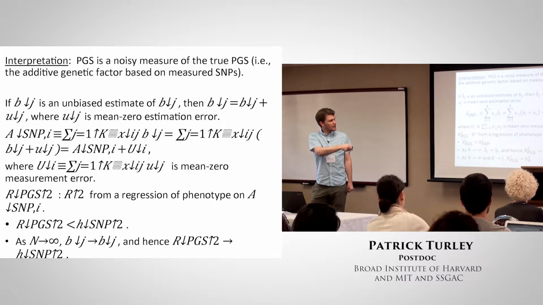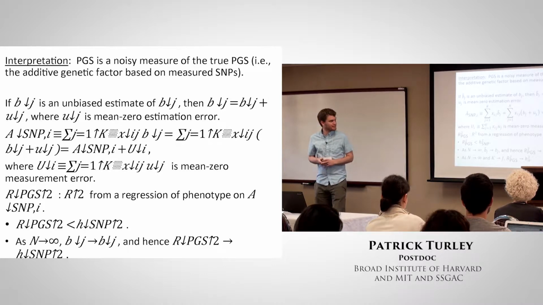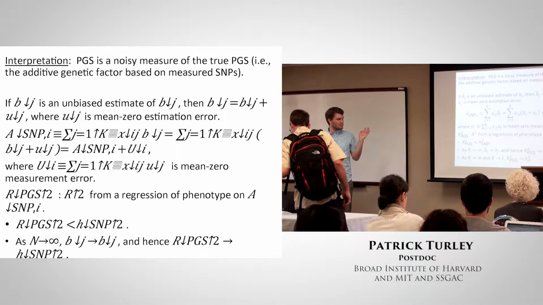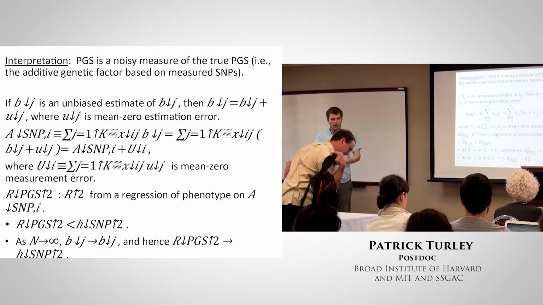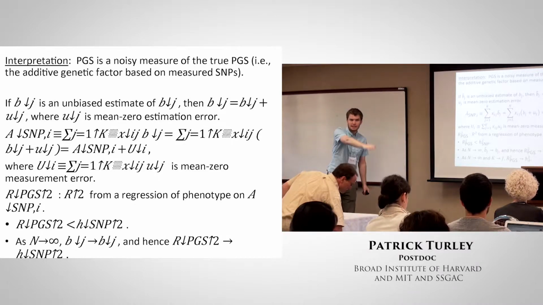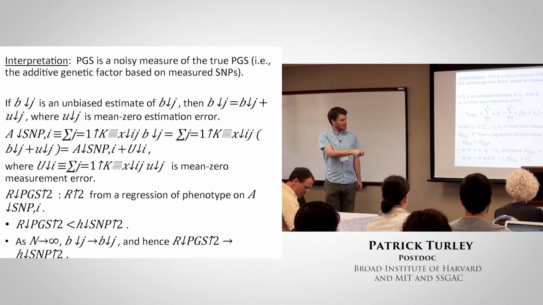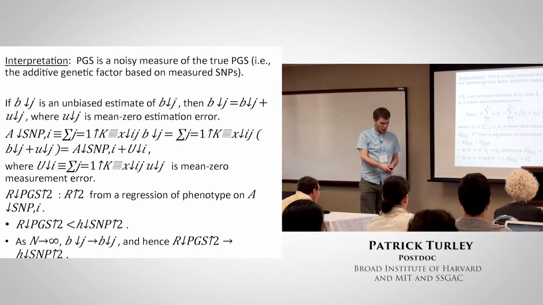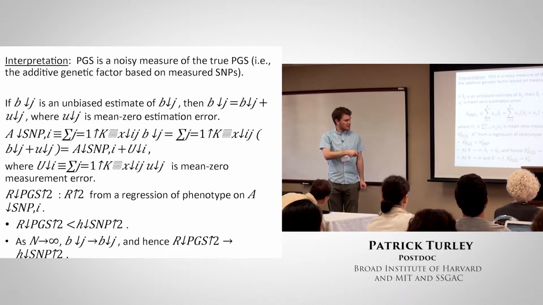And so what we're left with is the polygenic score is equal to the true polygenic score plus this mean zero error. So this is going to be a classical attenuation bias setting. Our score is going to be less predictive of the outcome of interest, and as a result, the R squared, if we were to take our polygenic score and regress it on the outcome, is going to be strictly less than the narrow sense heritability.